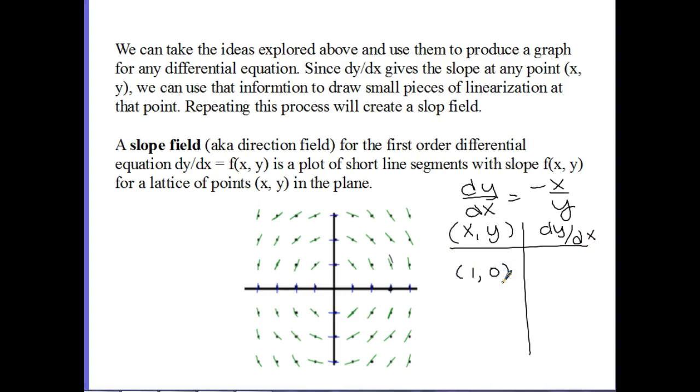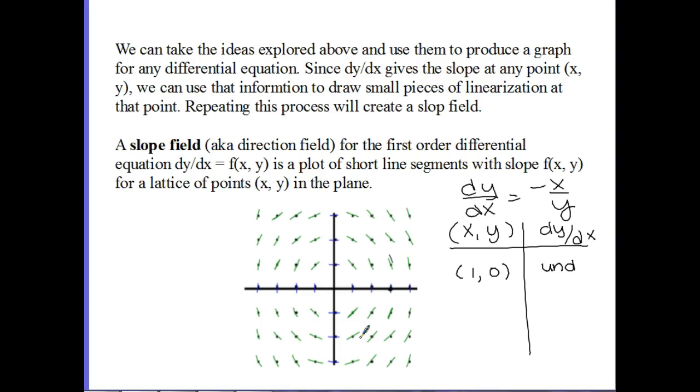At (1, 0), you get negative 1 divided by 0. What happens when you divide by 0? It becomes undefined. An undefined slope is actually a vertical tangent. Hence the line at (1, 0) is straight up and down.